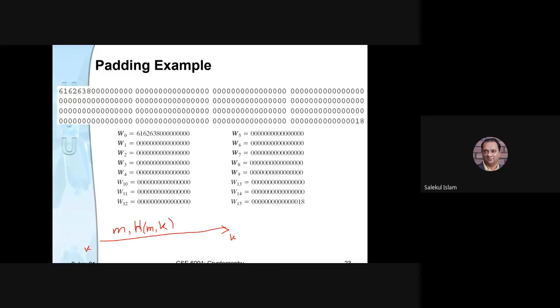Okay, the answer is, hashing is providing me only integrity. I can check whether the message I'm sending is correct.